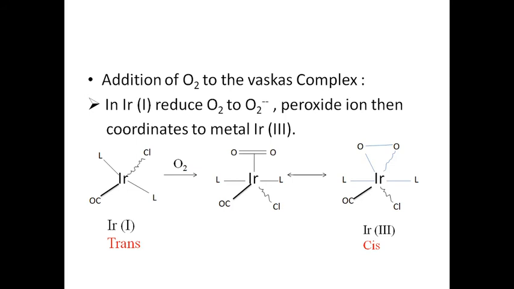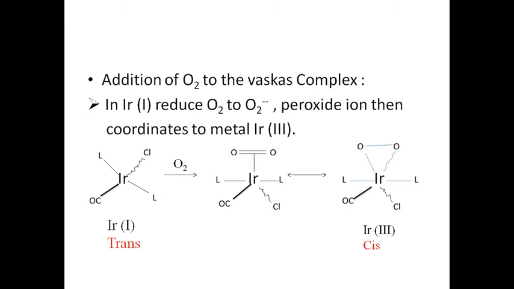In this way an octahedral complex is formed. Iridium comes in third oxidation state and the coordination number is also increased by 2 units, but the first trans complex is now a cis complex.